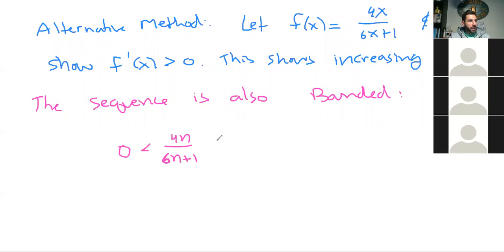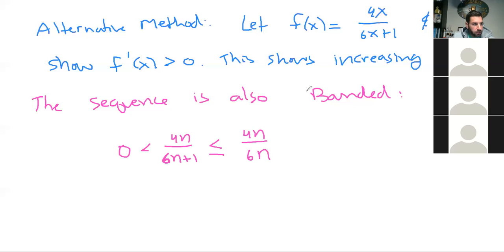Now, what can you say about 4n over 6n plus 1? Well, you can always say this. Here's something that many of you maybe have not thought of numbers this way. But the fraction on the left is clearly going to be a smaller number because its denominator is larger.